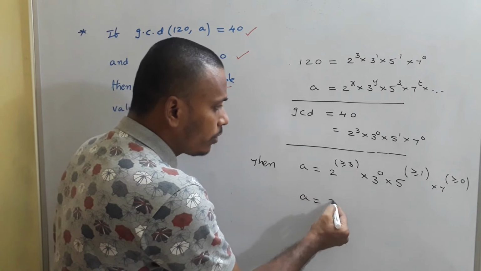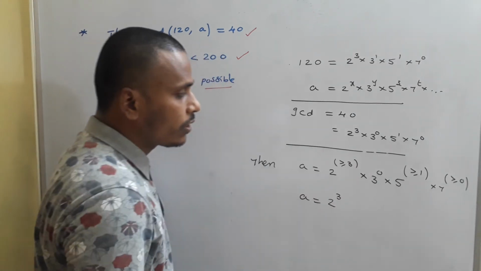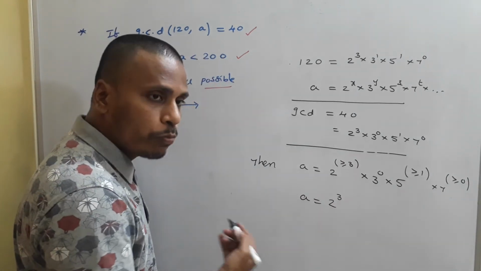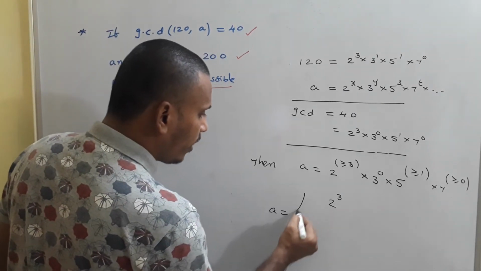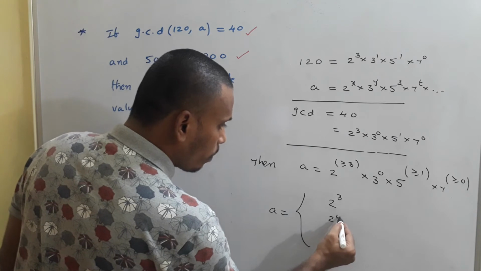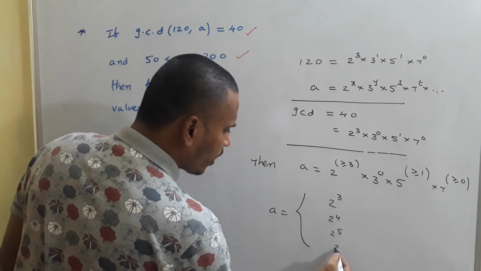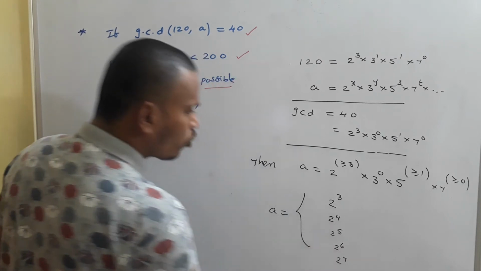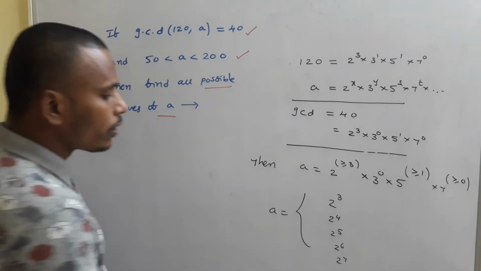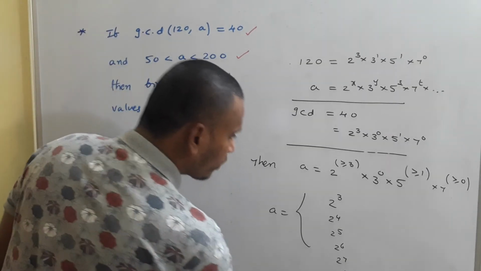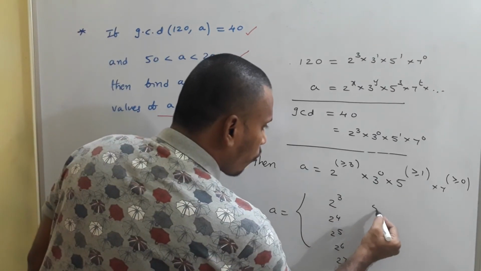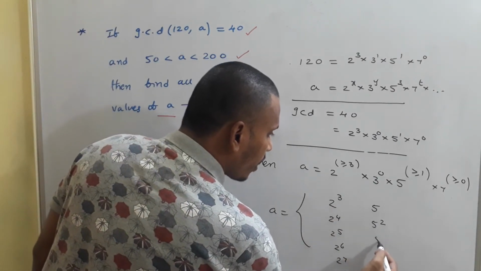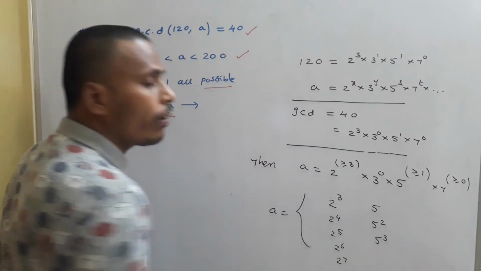First of all, it may be 2 power 3, or you may use 2 power 4, 2 power 5, 2 power 6, 2 power 7, 2 power 8. Anything you may get. 3 power 0 is fixed. Whereas coming to 5 square, 5 cube, anything you may get.